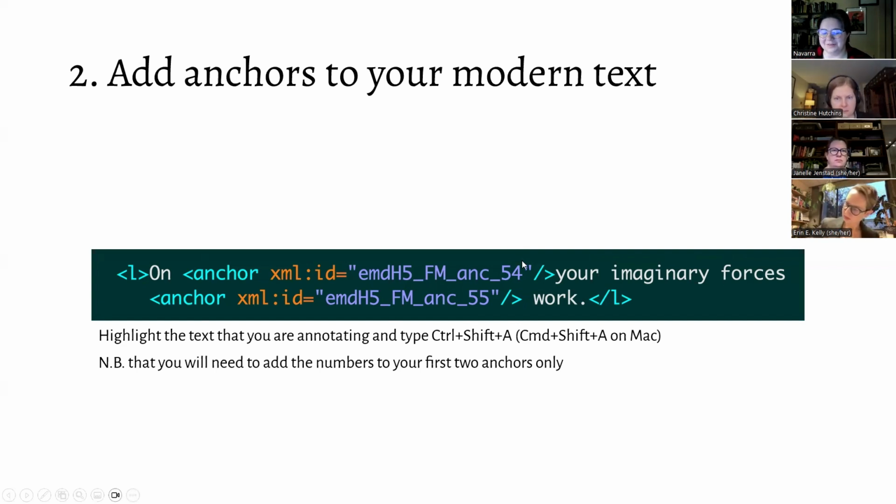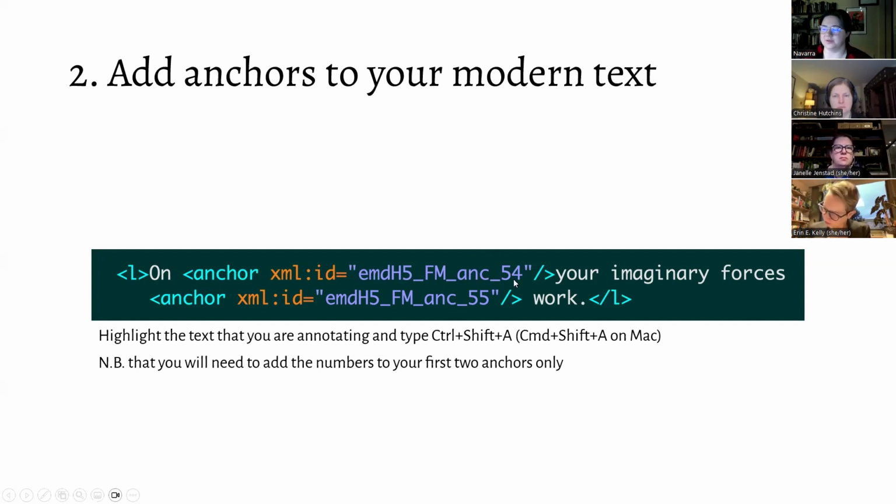For the vast majority of your anchors, you won't need to do anything other than put them in there. But the first time you put in anchors in your file, so anchor 1 and anchor 2, you will need to number them just to get the numbers started. So it will show up those first two with an XML ID attribute and with the value up to anc underscore.